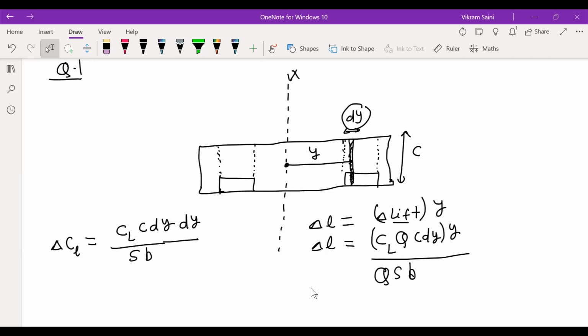Now we want to understand how CL changes when aileron is deployed, when delta A exists.